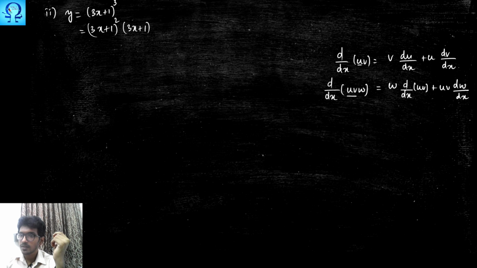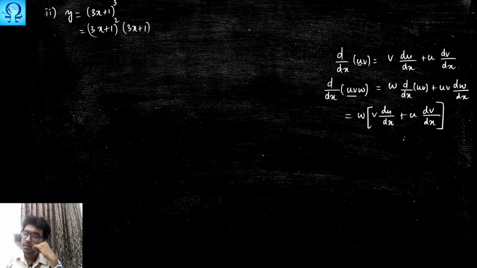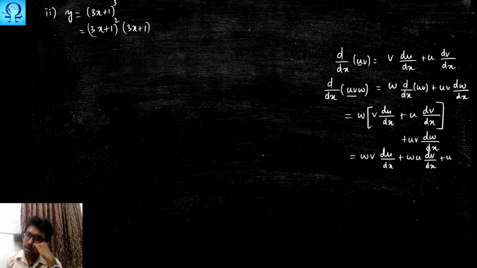Now this is a function of two variables, right? So we'll have to apply the same. It is going to be w times of v du upon dx plus u dv upon dx, and then we have uv times of dw upon dx. So when you multiply this function w inside, you will have wv du upon dx plus wu dv upon dx and uv dw upon dx.